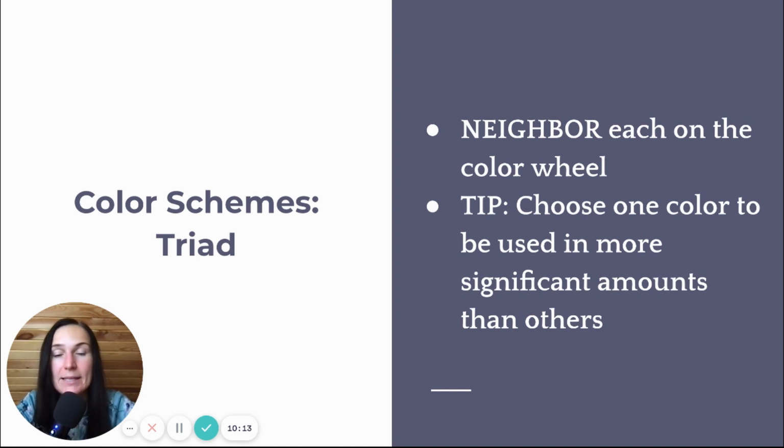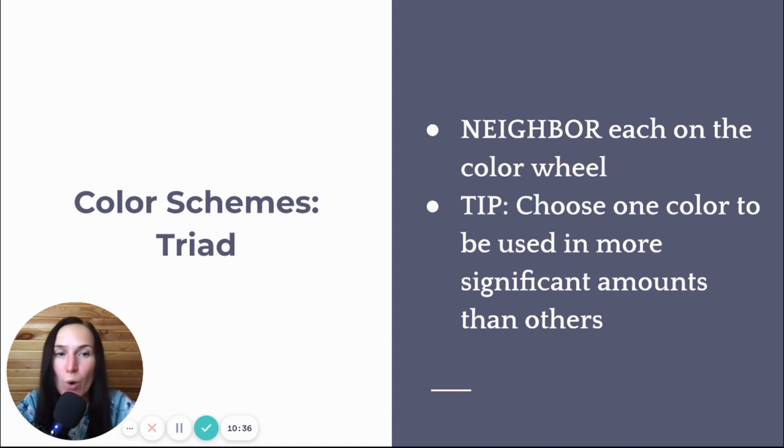The next color scheme is triad, and triad colors are evenly spaced on the color wheel. And again, I have a little tip for you. I hope you're still following, because this is a useful thing in general. The tip is to choose one color to be used in a more significant amount than others.